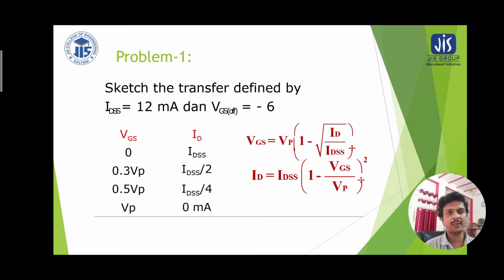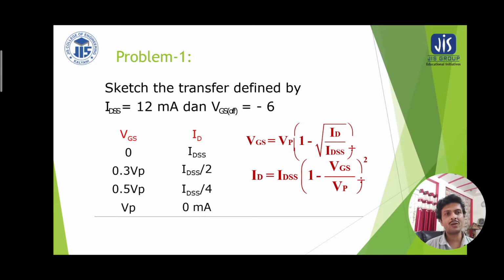Here at the top the value is given, VGS equal to -6 volt, so VP is equal to -6. It is very clear that 50% of VP is -3 volt, and 30% of VP is -1.8 volt. So the numerical values of the table are clear.